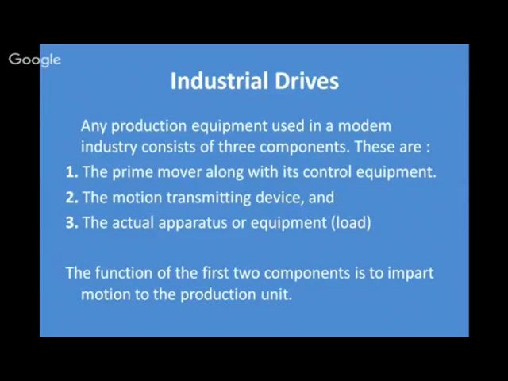Then we have the motion transmitting device, which can be shafts, pulleys, etc. And the third one is the actual apparatus or the load which is being driven by the industrial drive. So the function of each component of the industrial drive is different, and we can therefore classify the whole drive into these three important parts.